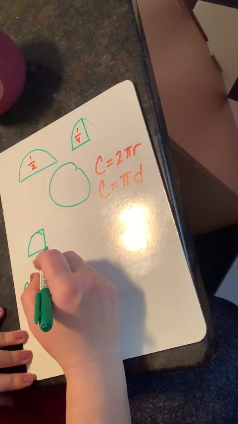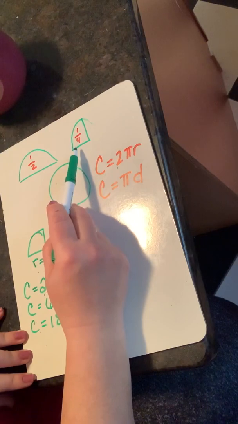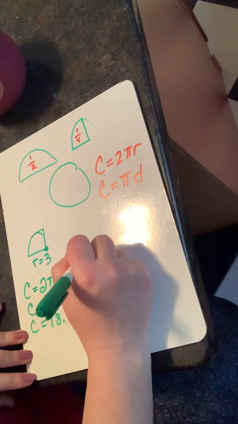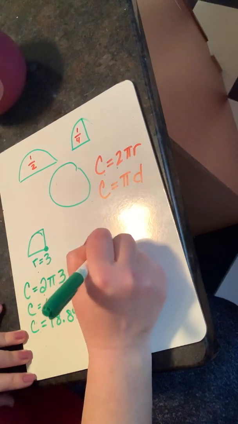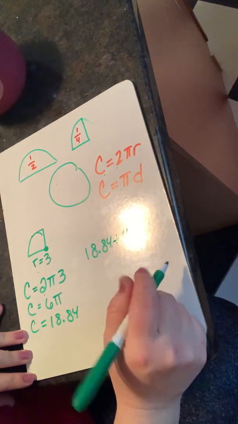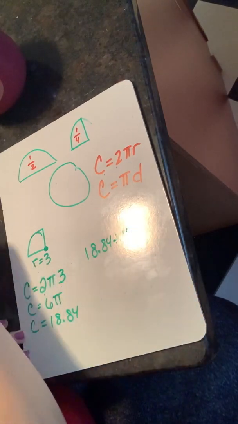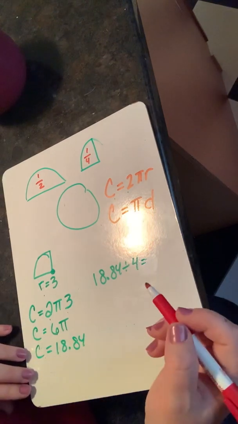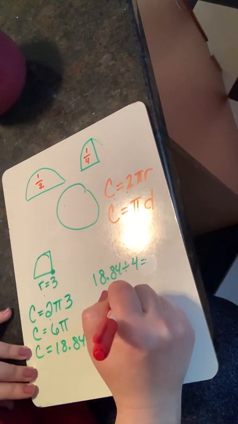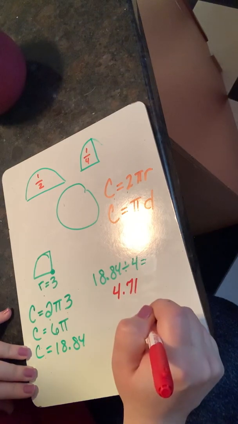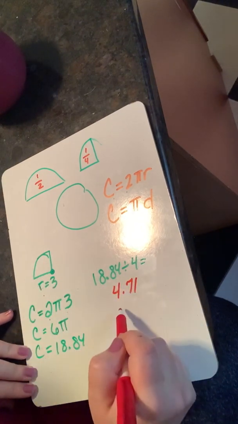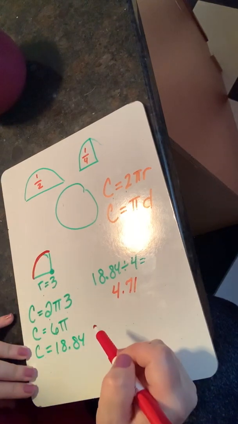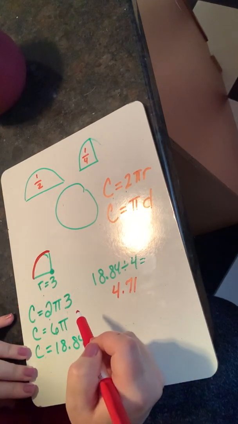We said that a quarter circle is the same thing as 1/4 of a circle. So I have to take this number, my circumference of a full circle, and divide it by 4. When I divide it by 4, my answer is 4 and 71 hundredths. Well, 4 and 71 hundredths just represents this arc right here. I need to close my shape.